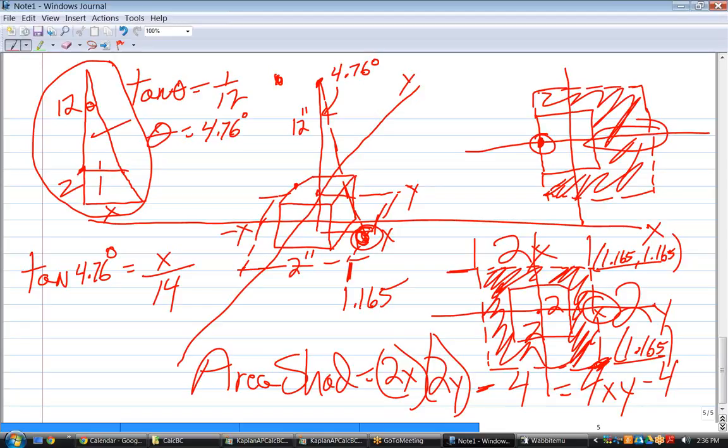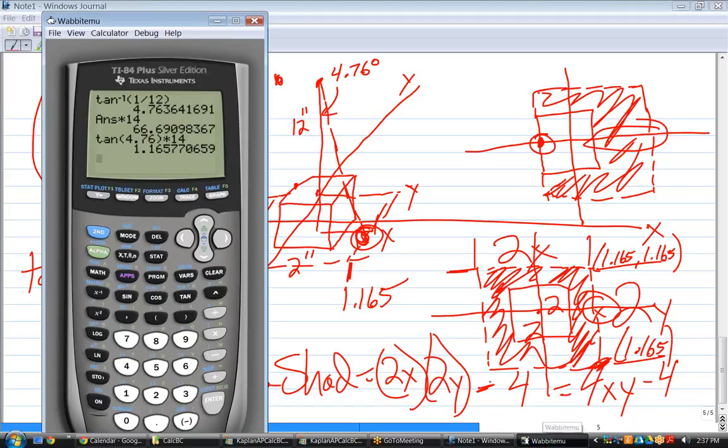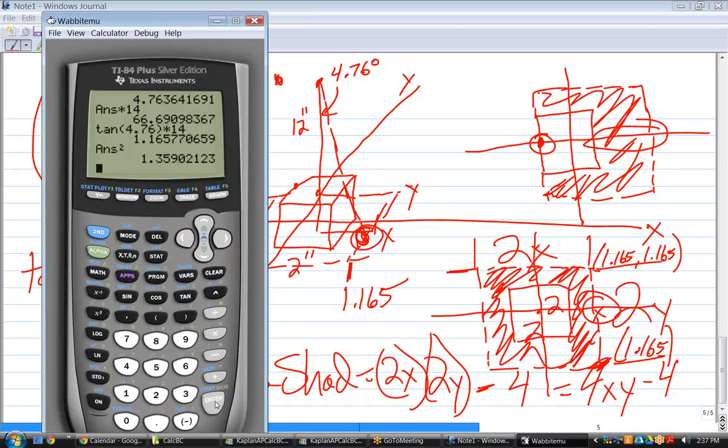So it's 4 times that, minus 4. Let me come up with that number. It's this number squared. That's x times y times 4 minus 4.